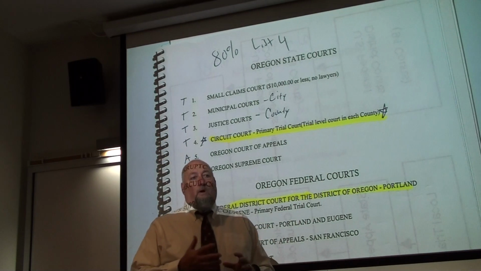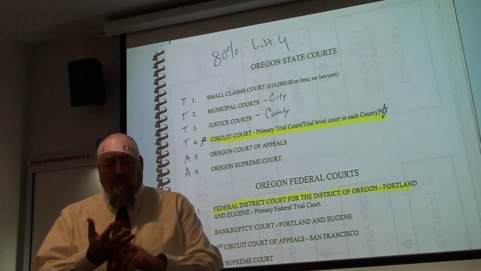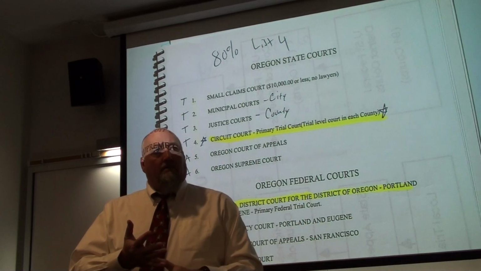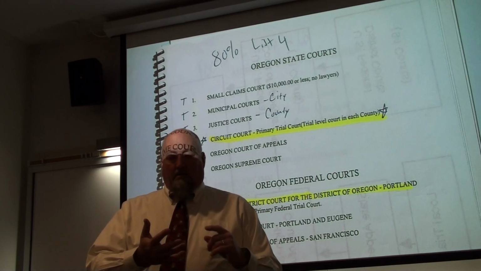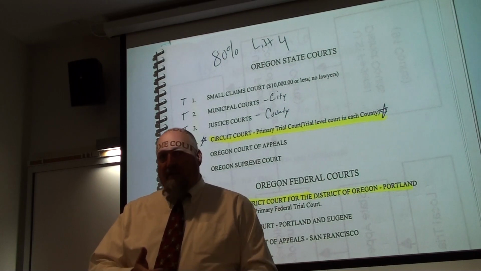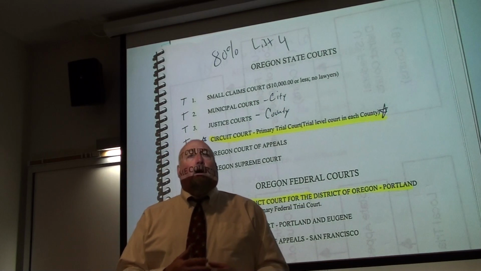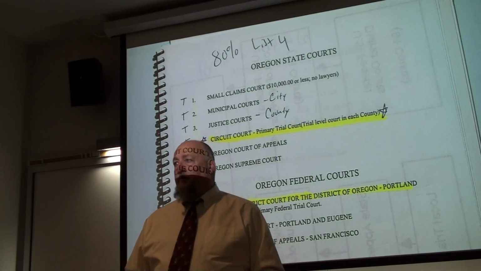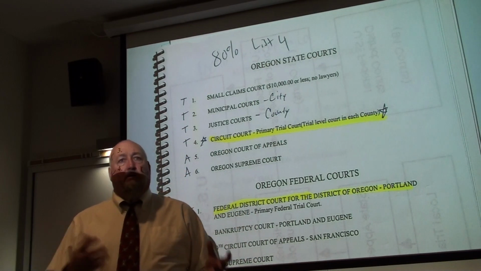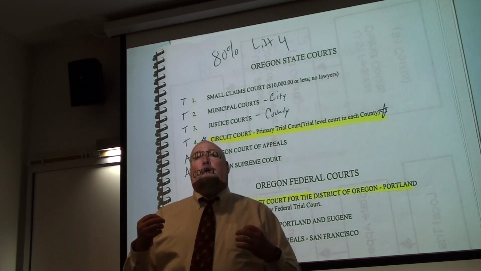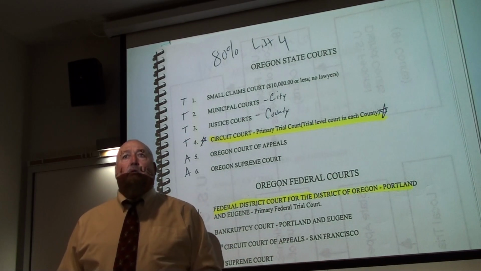So the circuit court is a court of general jurisdiction. What that means, excuse me, criminal law, violation of state law, criminal state law, traffic violations, misdemeanors, felonies, jurisdiction all the way up to capital murder cases, civil cases, breach of contract, automobile accidents, family law, divorce, custody, name change, adoptions, probate, post-death administration of somebody's estate.